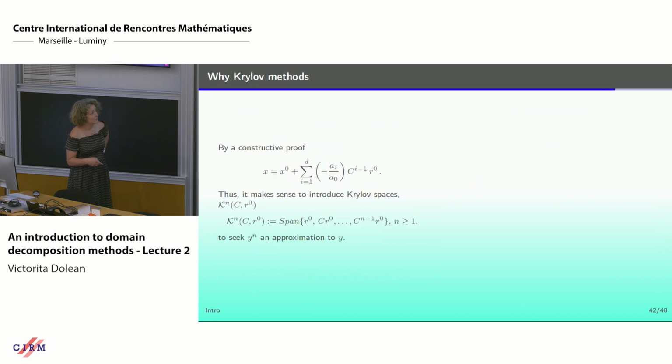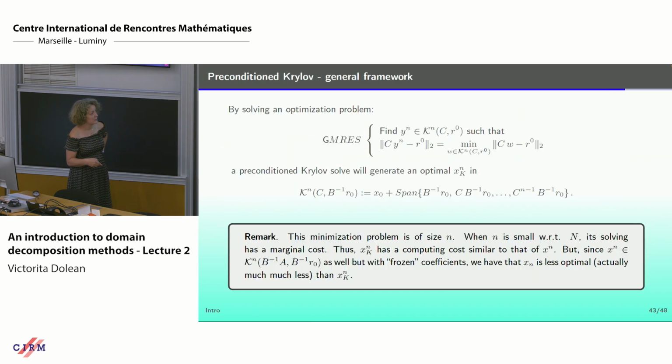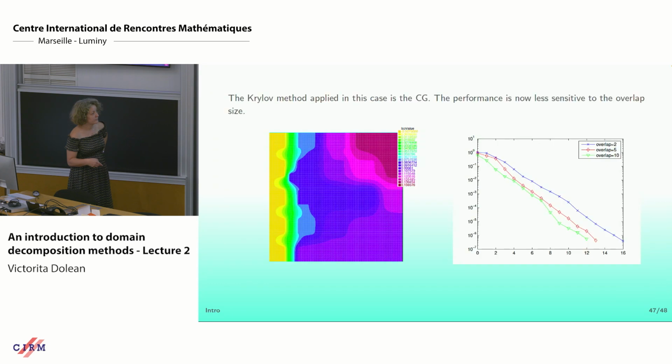But if you use the Schwarz method as a preconditioner, then this is a bit less sensitive to the overlap. And also the iteration count is far better. We say in the sense that the Krylov methods will accelerate the convergence of the Schwarz method. And here we use the Schwarz as a preconditioner.